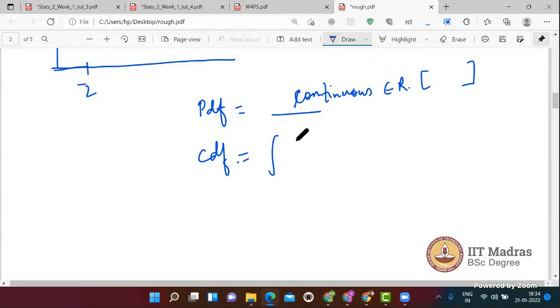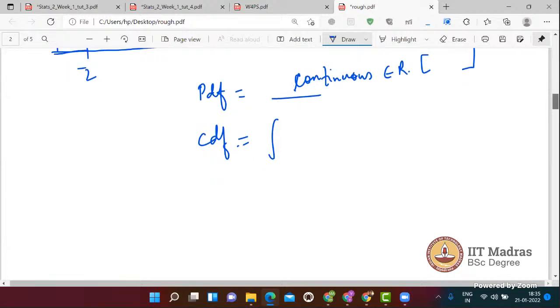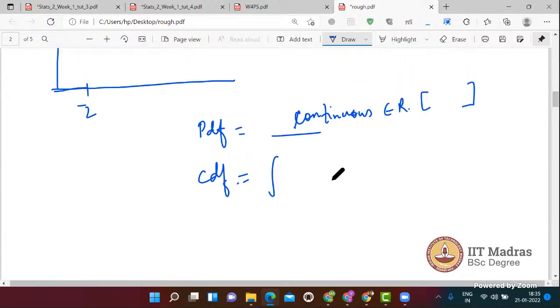For the first property of PDF, it says that f(x) is greater than or equal to 0, and this means the derivative of an increasing function. Your voice is not clear. Can you repeat that once again? Now it's clear. Sir, using the properties of PDF, the first property implies that f(x) is greater than or equal to 0, and this f(x) is the derivative of a CDF.